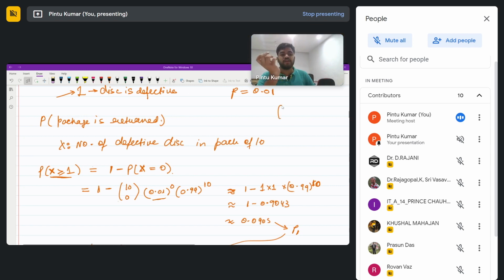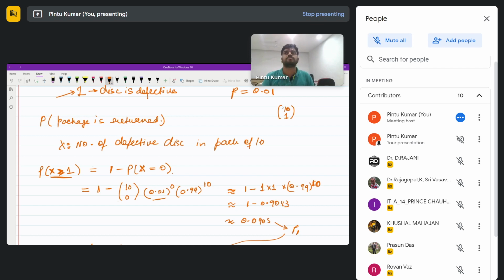That will lead you to 10C1, right? And then you can multiply for different positions. Also here you have to calculate that one or more than one is defective. The question is actually any disk being defective is independent, it doesn't relate to any pack.